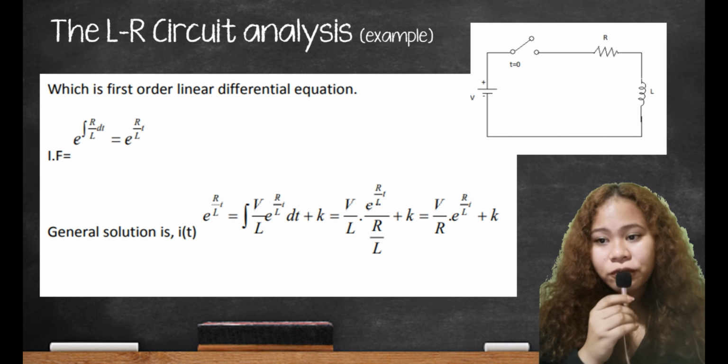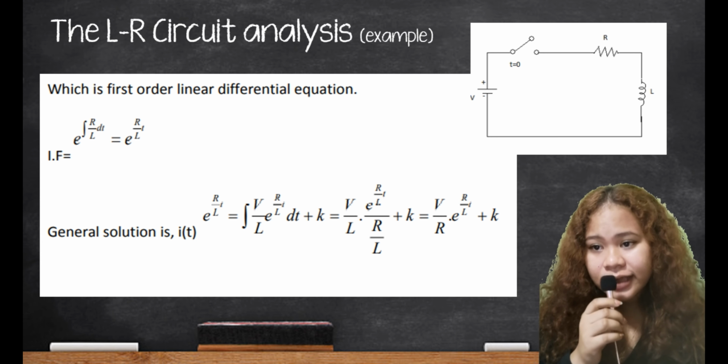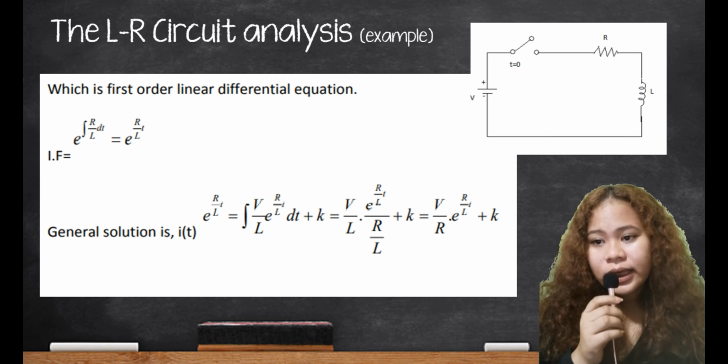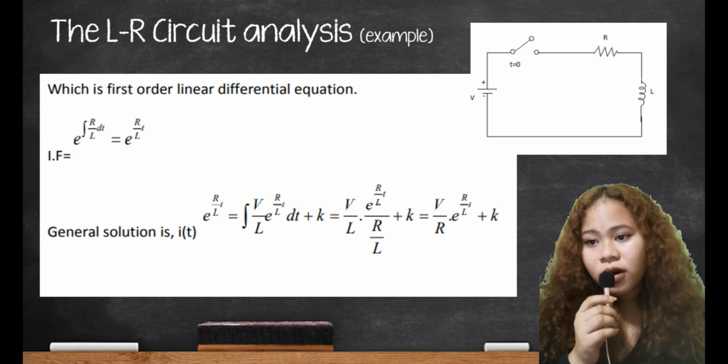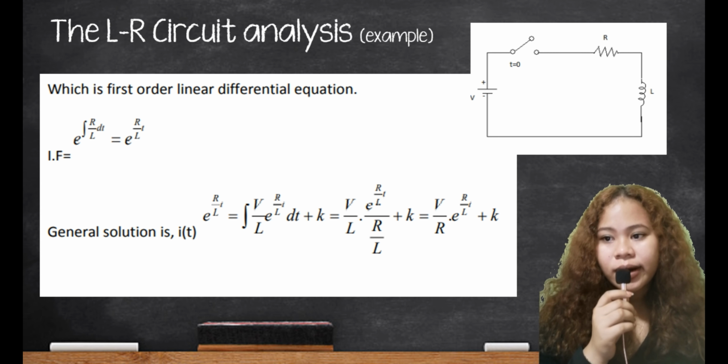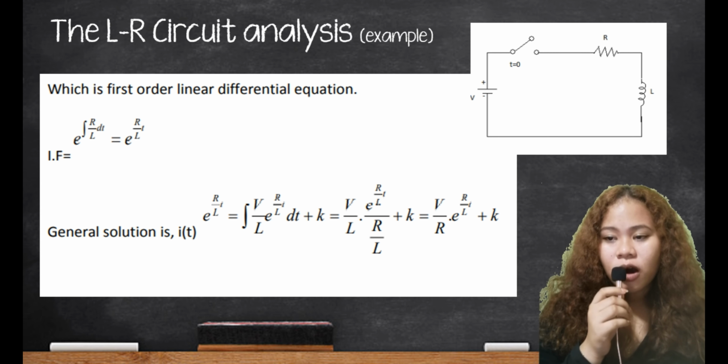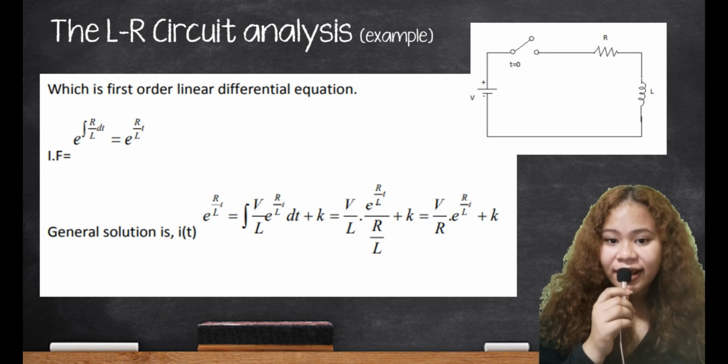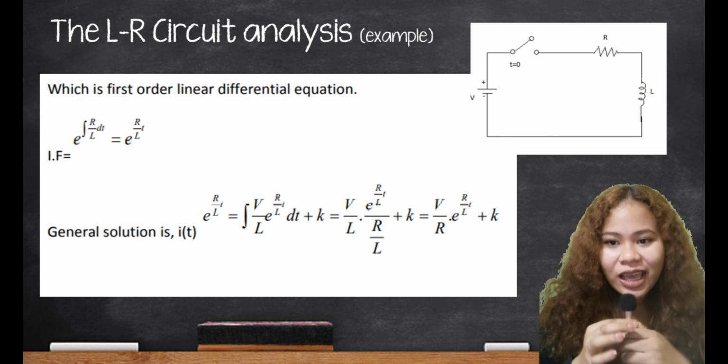It is equal to V over L times e to the power of R over L times t all over R over L plus k, and it will equal V over R times e to the power of R over L times t plus k.